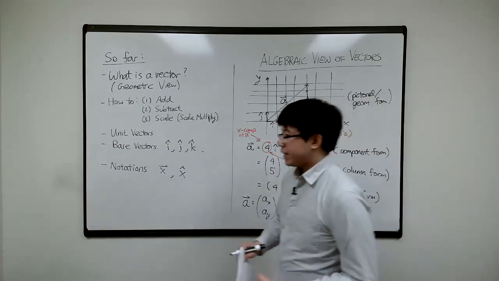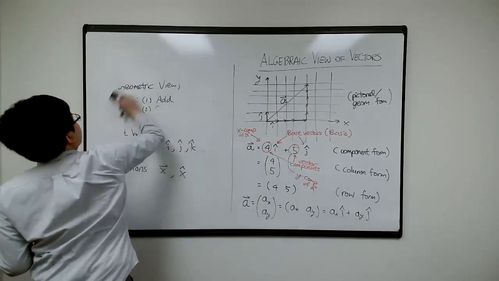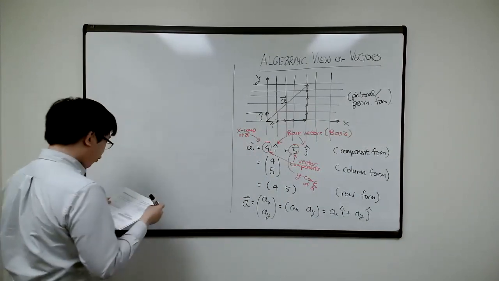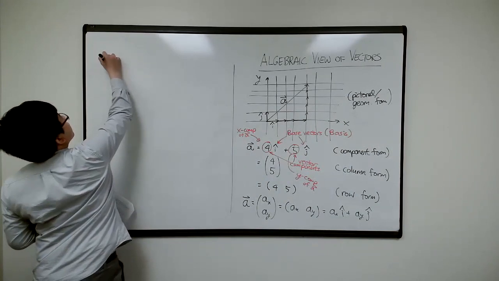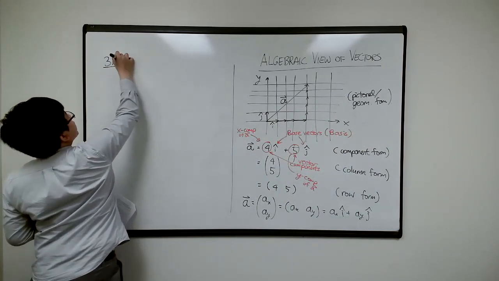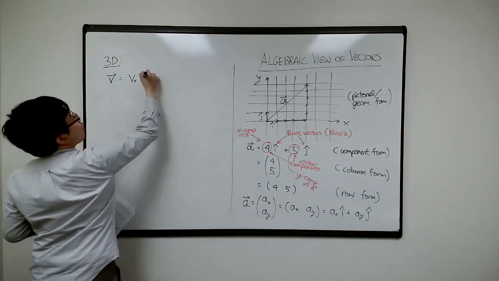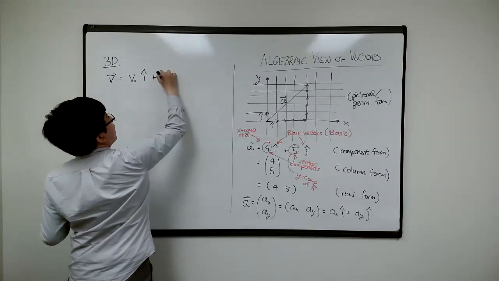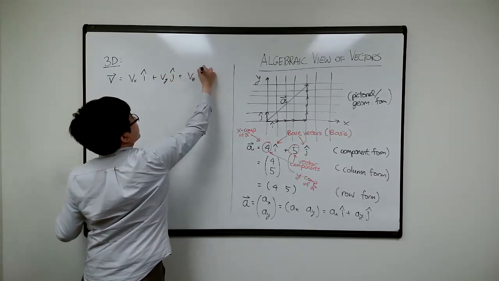Just for completeness, in 3 dimensions you can also use one of these component forms. For example, you can have a vector that says how many units in the x direction, how many units in the y direction, and how many units in the z direction.